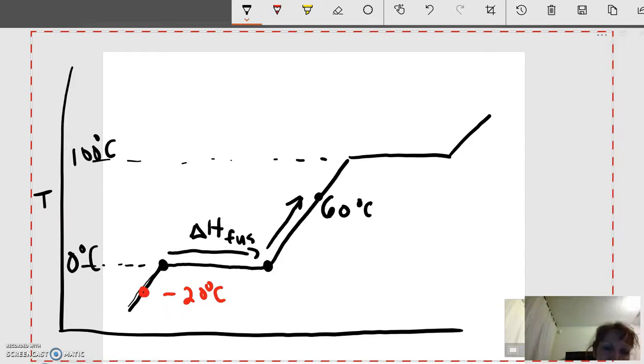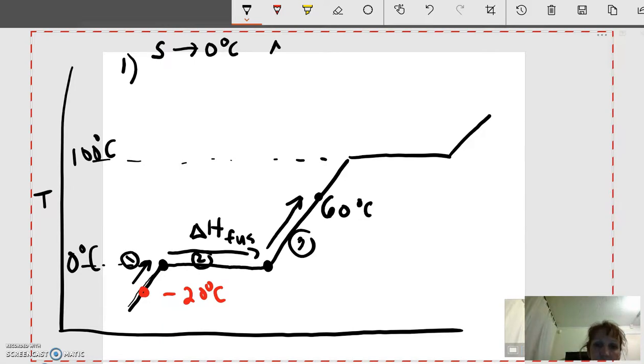So this requires you to do 3 calculations. I could number them: step 1, step 2, step 3. Of course, you'll be given a bunch of values and you'll be given a graph. So calculation 1 involves the solid ice coming up to 0 degrees. That's a change in temperature calculation, and the change in temperature from negative 20 to 0 degrees is 20 degrees.